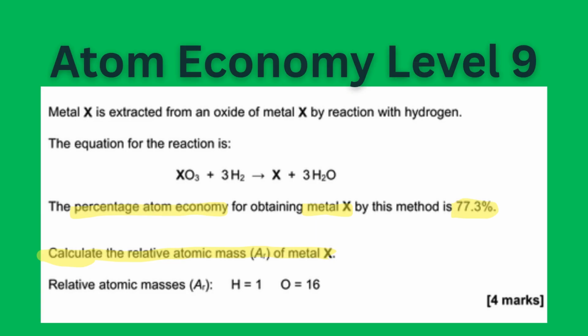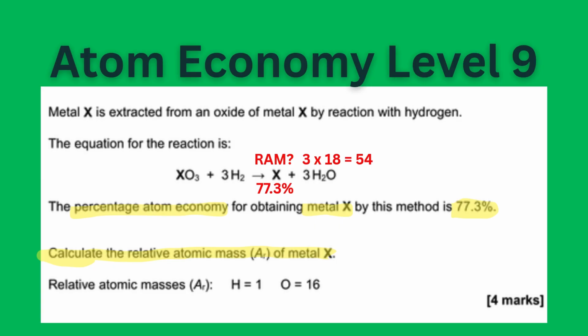I am going to give you a few seconds of thinking time to consider how you would solve this problem. Please remember to use my earlier advice about writing the information in the question around the balanced equation to help organize your thinking.